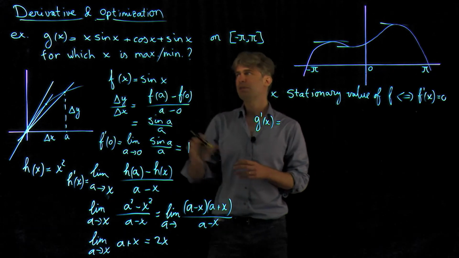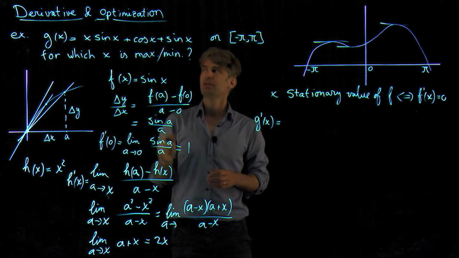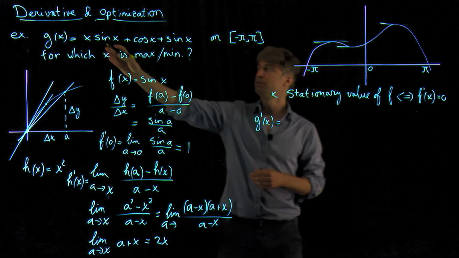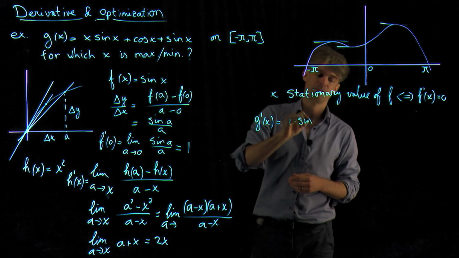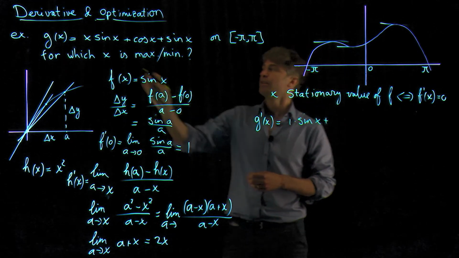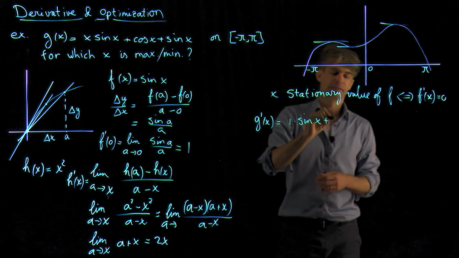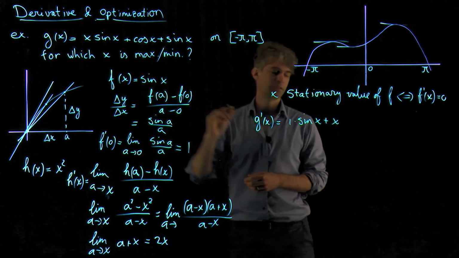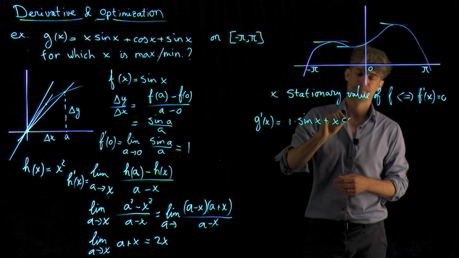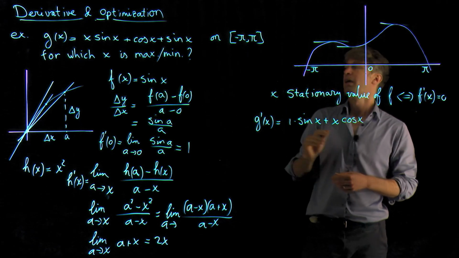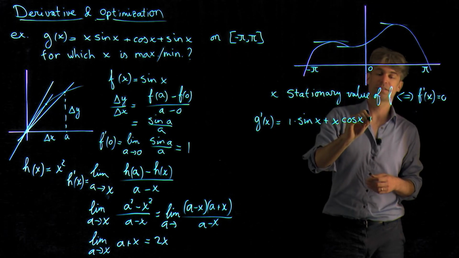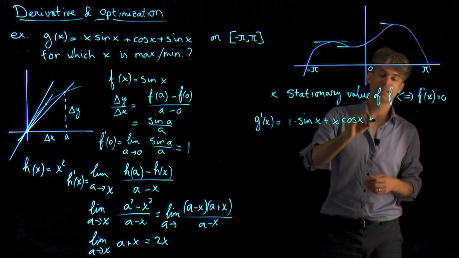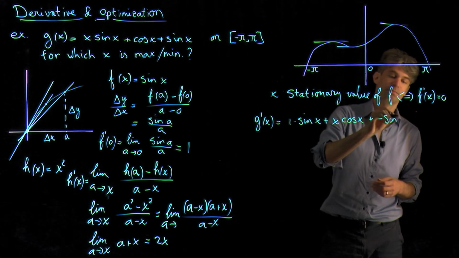So let's start off with that product rule. It tells you that the derivative of this product is the derivative of the first function, which is 1, times the second function, plus the first function times the derivative of the second function, which is the cosine of x. Then here we have the derivative of the cosine of x, which is minus the sine of x.